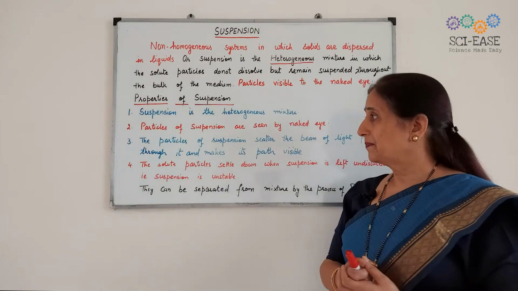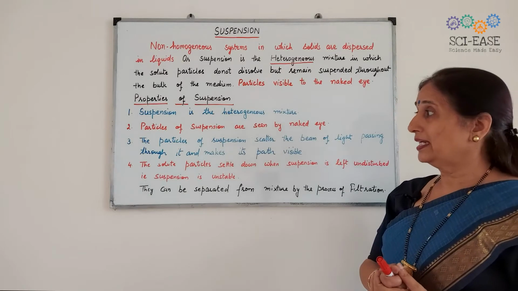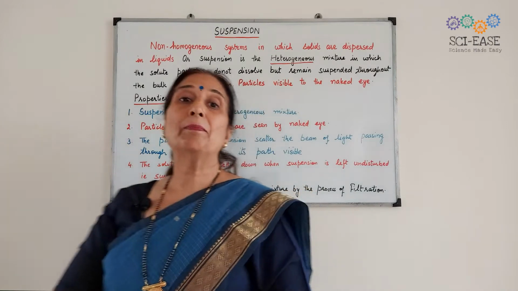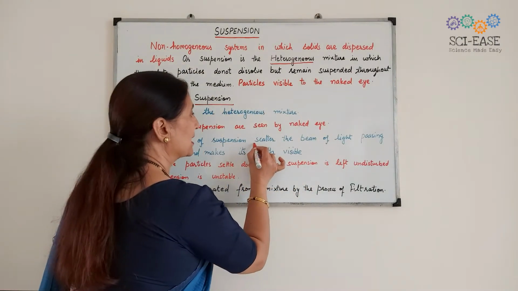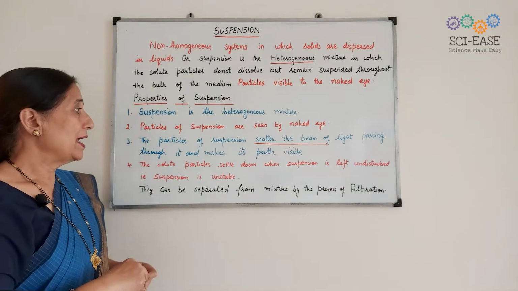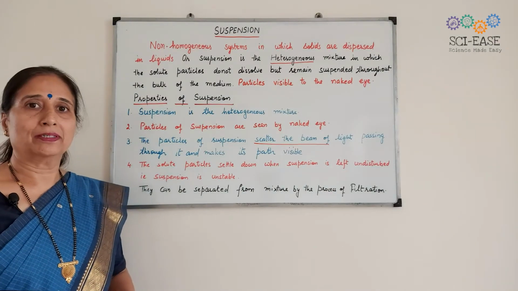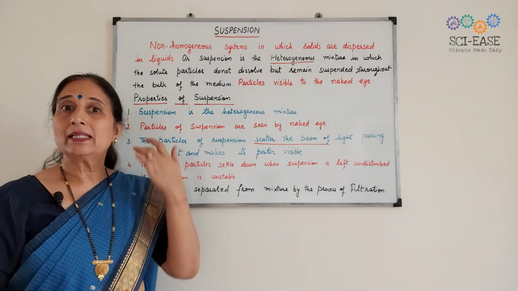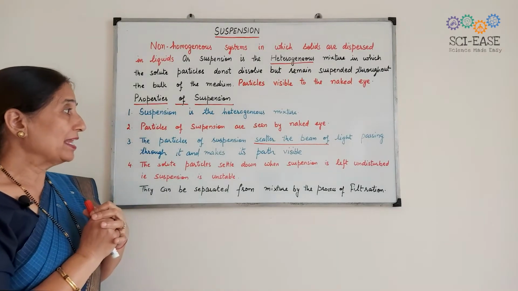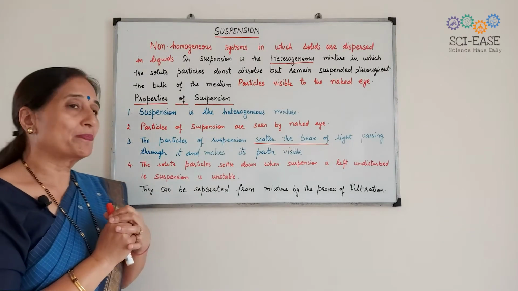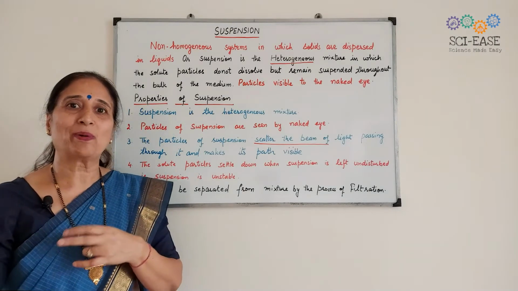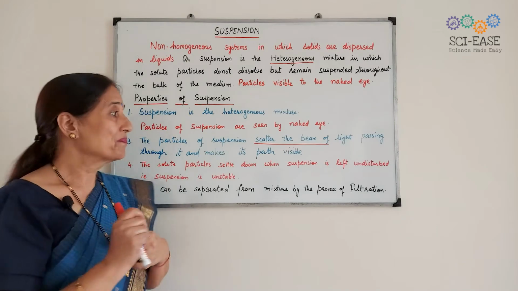Third property, which is very important, the particles of the suspension scatter the beam of light passing through it and make its path visible. This property, that scattering of the light takes place when it passes through the suspension or the colloidal solution, I will explain in the next video.